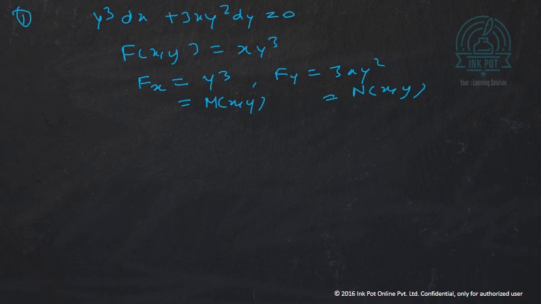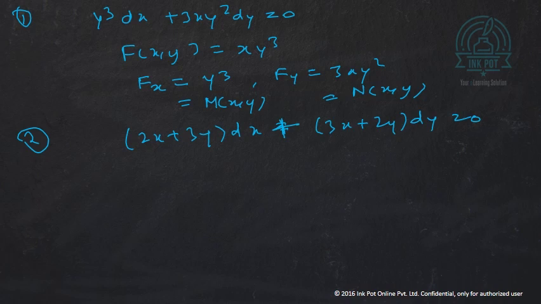Now similarly, consider another example. Example number 2: consider the equation (2x + 3y) dx + (3x + 2y) dy = 0. Consider the function f(x, y) as x squared plus 3xy plus y squared.